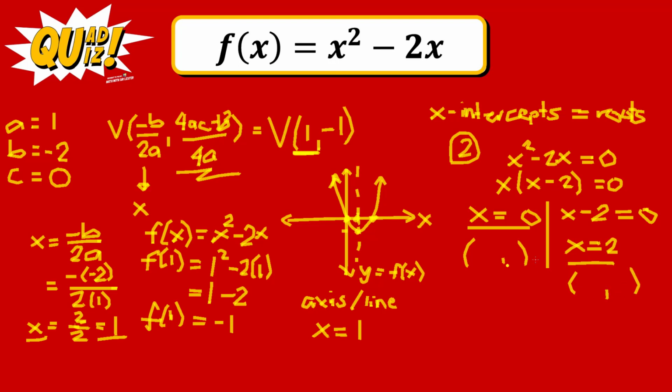Since they are intercepts, points on the x-axis, the y-coordinate is always 0, which is to be paired with your roots. So (0, 0) and (2, 0) here and here. So these are now the intercepts of our quadratic function using the concept of the roots.